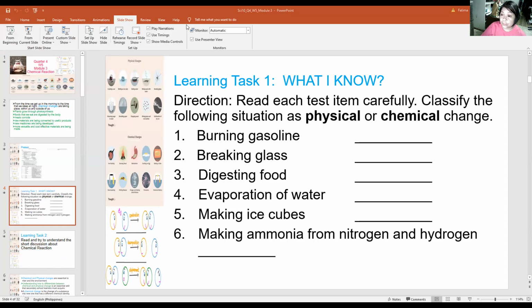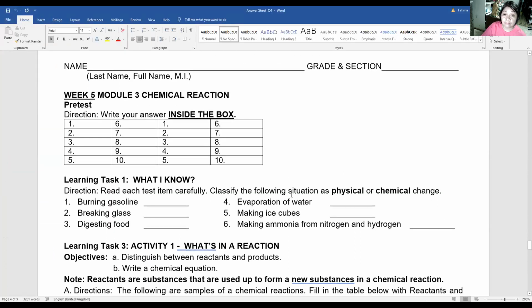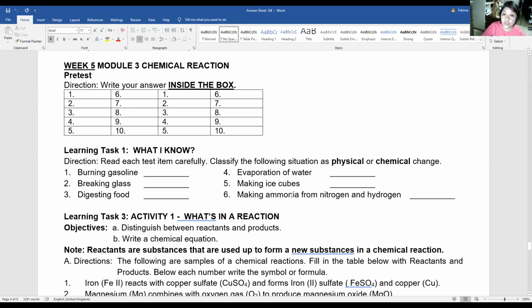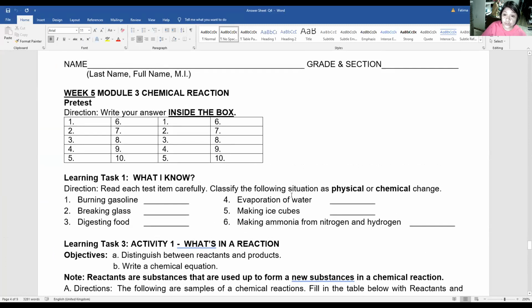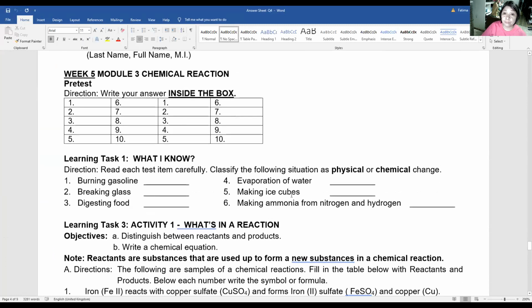If you're going to look at your answer sheet for the pre-test for module 3, write your answer inside the box.